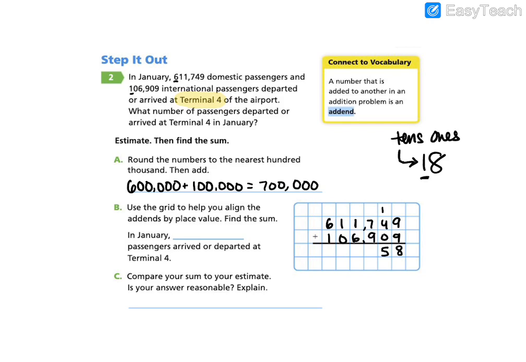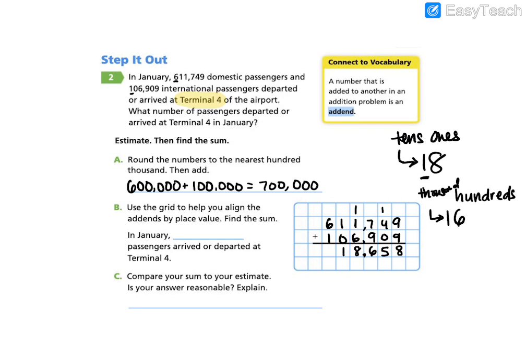700s plus 900s is equal to 1,600s. So I know if I have 1,600s, I have 600s and 1,000. So my 6 goes in the hundreds place. My 1,000 is regrouped. 1,000 plus 1,000 plus 6,000 is equal to 8,000s. 1 10,000 plus 0 10,000s is 1 10,000.